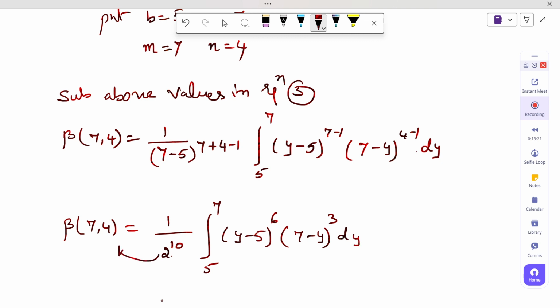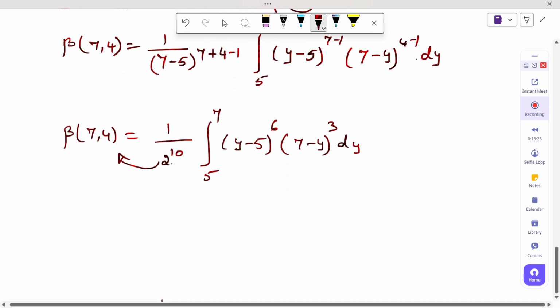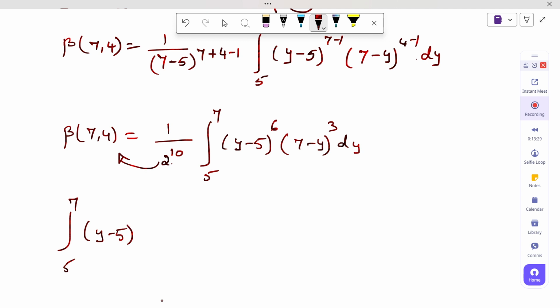Now do the cross multiplication. You will get your required solution: the integral from 5 to 7 of (y minus 5) to the power of 6 (7 minus y) to the power of 3 into dy is equal to 2 to the power of 10 into beta of 7 comma 4, which is the required solution. Yes, Sharmin, any doubt over here?